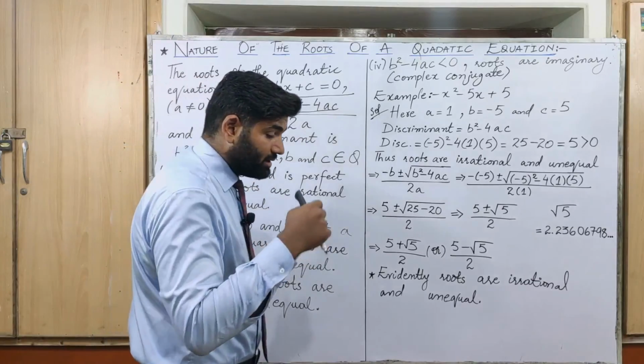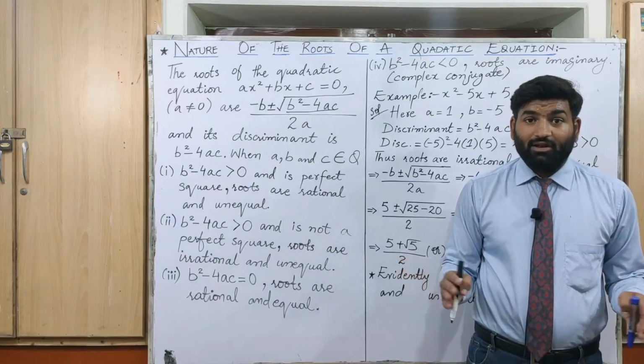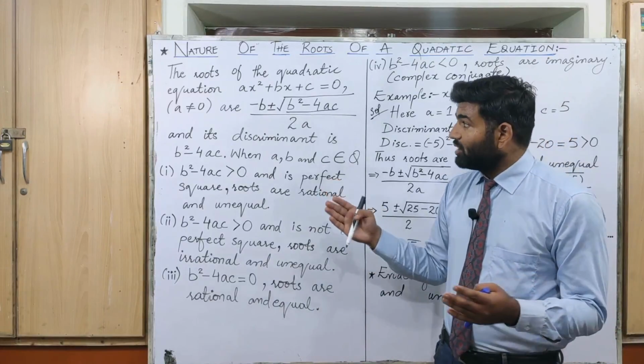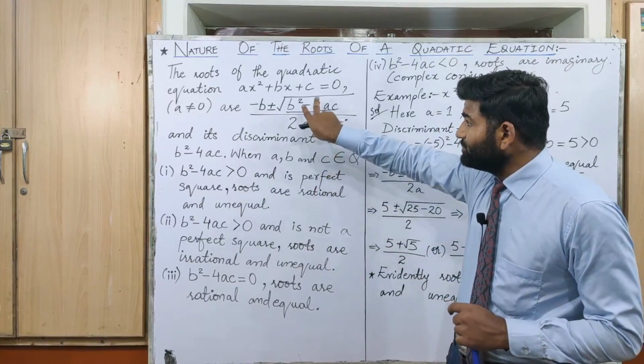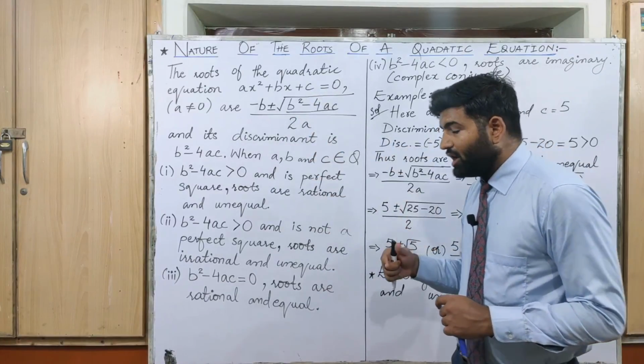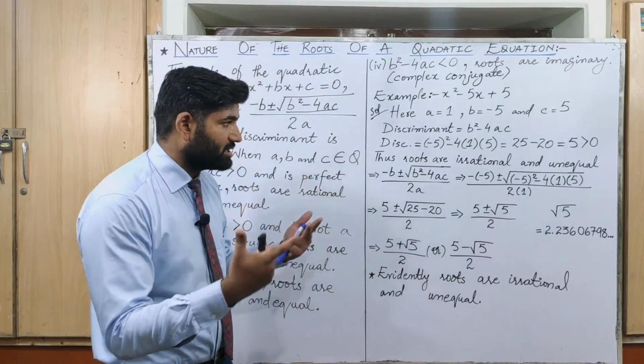And we know that the square root of a negative number does not exist among real numbers; it will be a complex number. So by looking at the discriminant, if b square minus 4ac is less than 0, then our roots will be complex, imaginary.